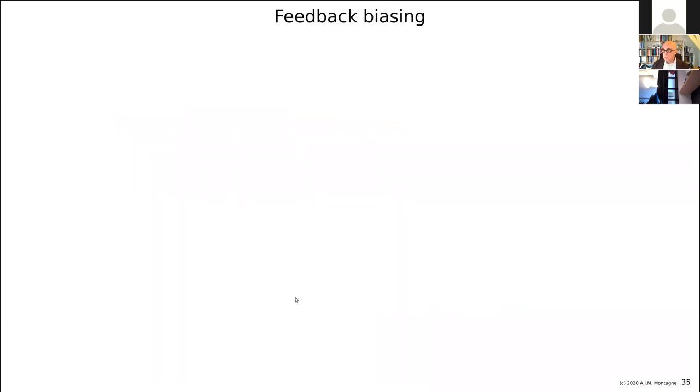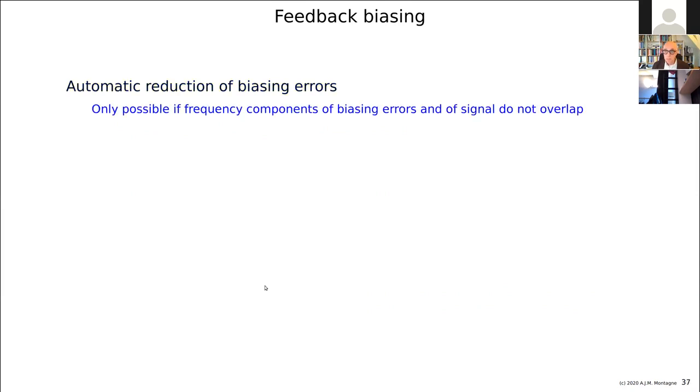So the next one is feedback biasing. I don't want to jump immediately to the circuit, but maybe tell you a little bit more about feedback biasing. It's an error reduction technique. It automatically reduces errors due to biasing because we have a reference. But it is only possible if the frequency components of the bias errors and the signal do not overlap in the frequency domain.